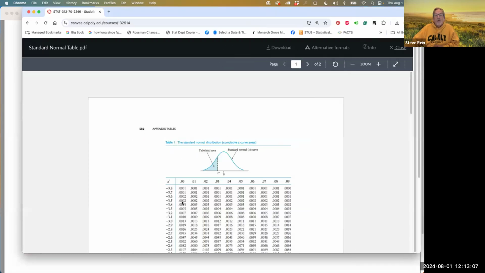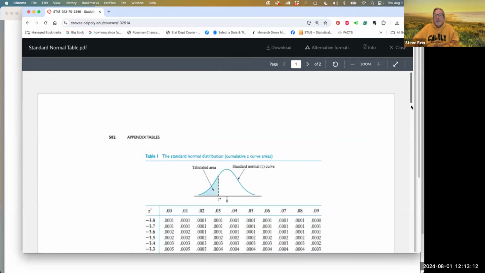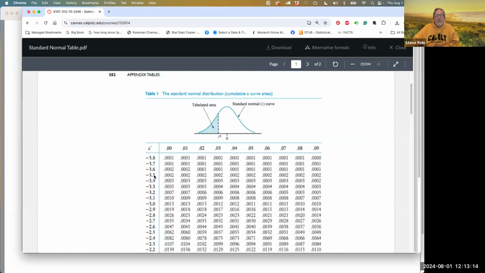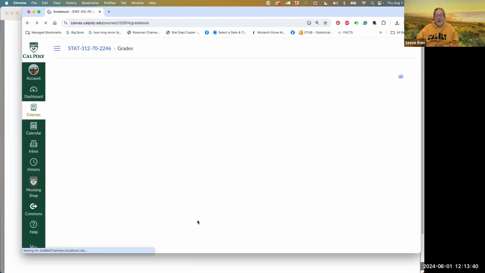So you give me an input like a z of negative, say 3.51, and you would look negative 3.5, and then the column one. So it says the lower tail area is 0.0002. Now, page 582 is where it appears in the copy of the book that I used. I don't know if that's the one I referred to, but this is where you could find it in that Z table portion of Canvas.